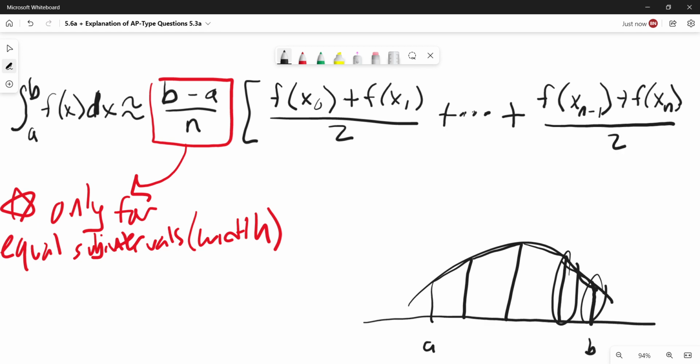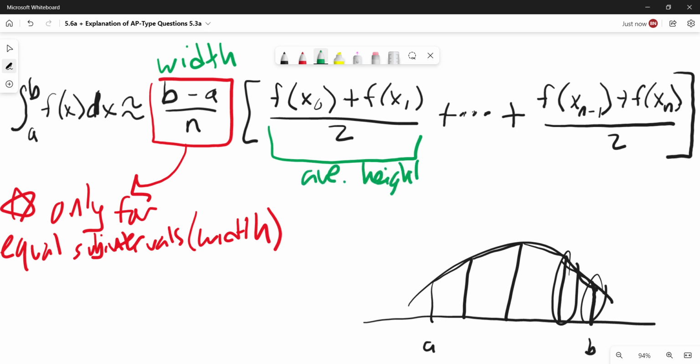So this is essentially that formula I had, where this is the average height times the width. This is the width, and each of these is an average height.